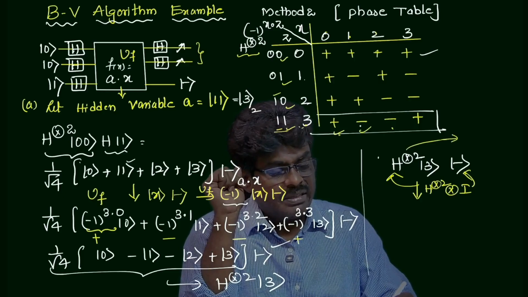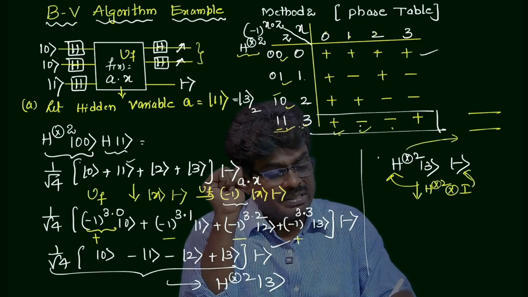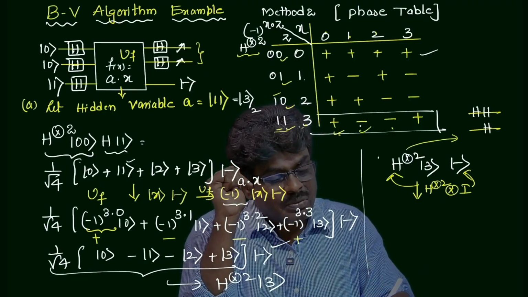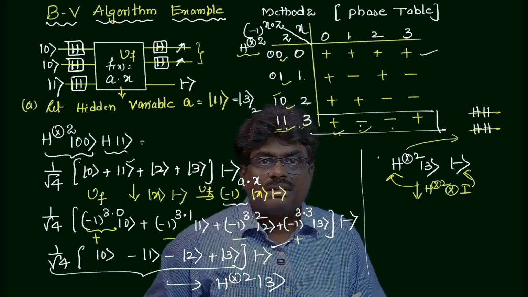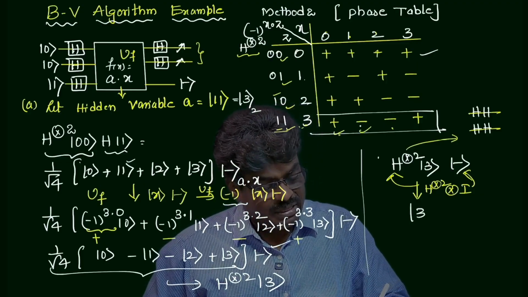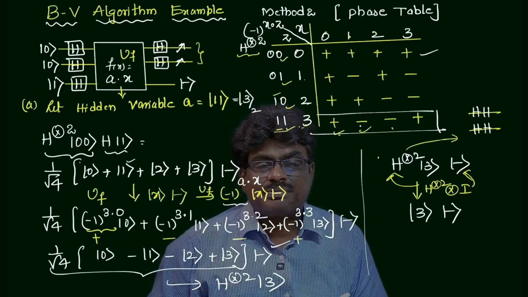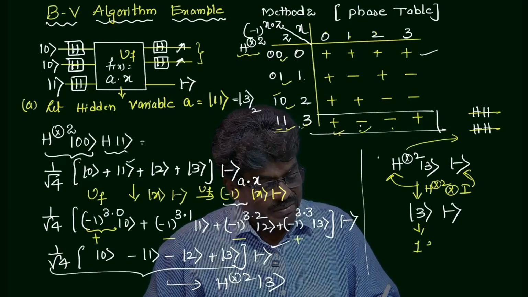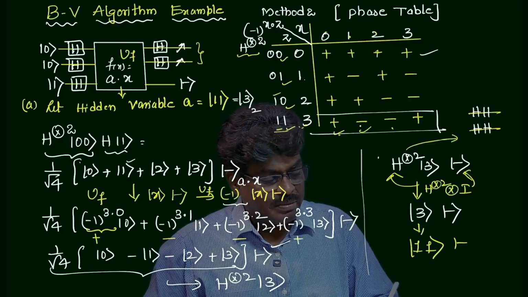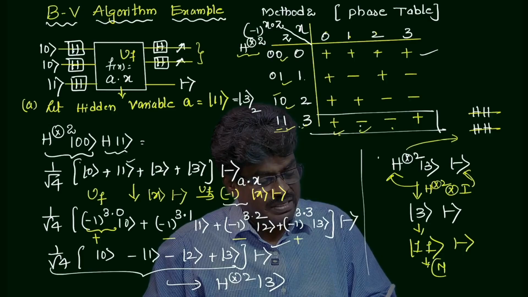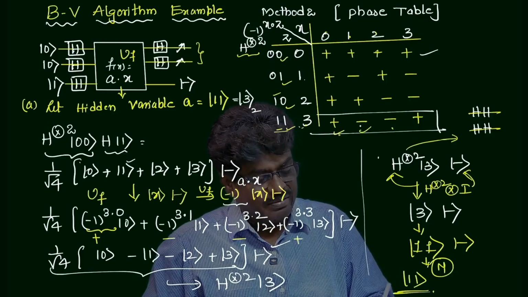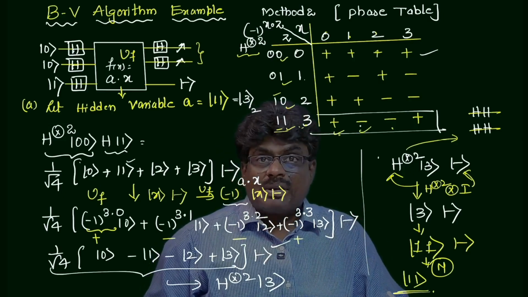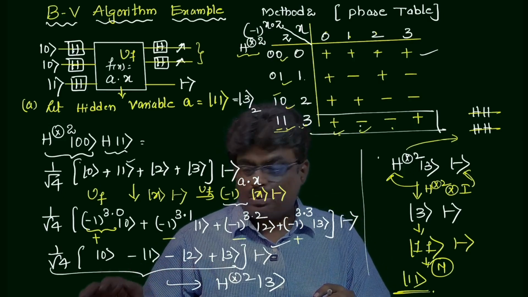Here, already Hadamard operations are there, and one more time H tensor 2, that means one more time if you take the Hadamard operations, you will get identity. So this is nothing but 3 minus state. Now I can convert into binary, that is 1 1, 2 qubits, minus. Once you make the measurement, you will get 1 1. That's it.